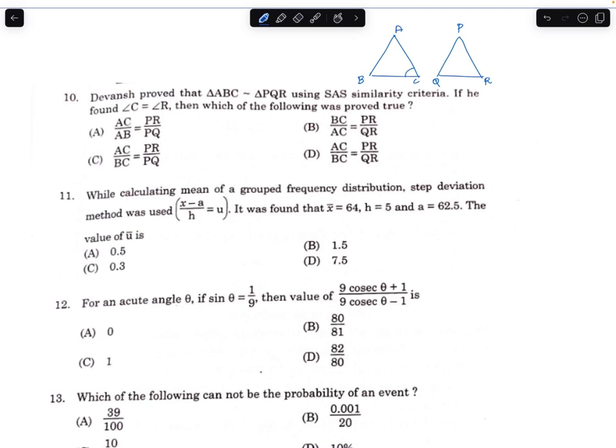Now that C is equal to R, and this has been proved using SAS criteria, AC upon PR should be equal to BC upon QR. There's no such option. Let's slightly alter it. Let's take the BC on the left hand side and PR on the right hand side. So we have got AC upon BC is equal to PR upon QR. So the answer is option D.